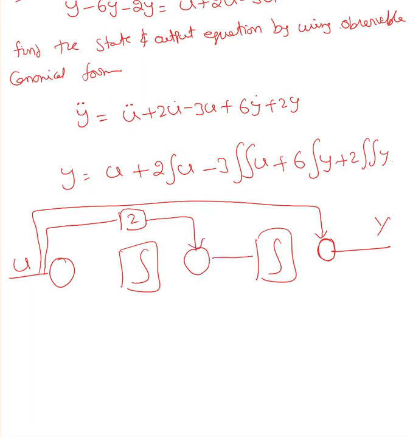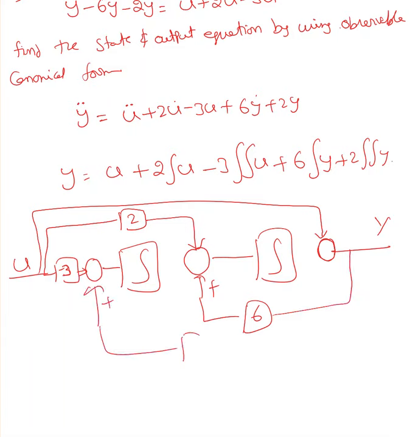And minus 3, so here is minus 3. And 6y is passing through one integral, multiplied by 6, that's positive, and it has to pass through two integrals multiplied by 2. Here is my simulation diagram.